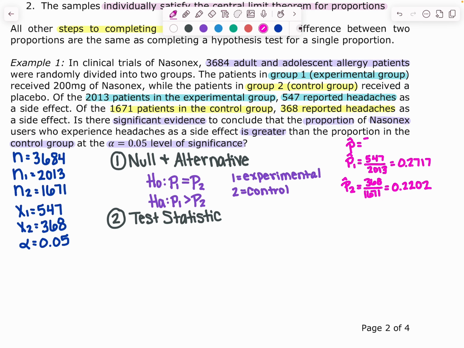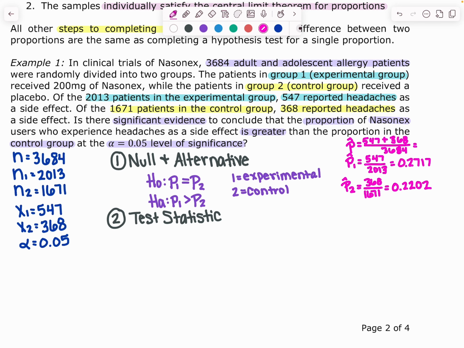And then the overall P hat is 547 plus 368 over the overall N, which I was nice enough to get, 3684. But the 3684 is just 2013 plus 1671.